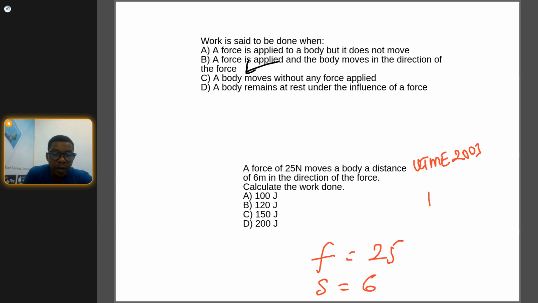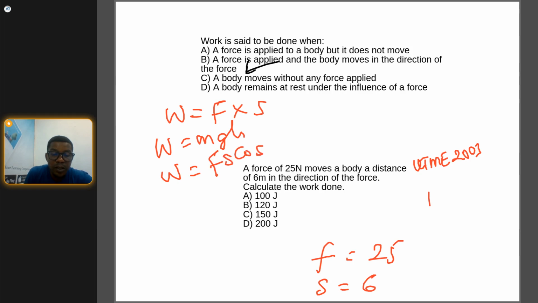Take note, the formula we have for work done is F times X. Work done is mgh. Work done is Fx cos theta. So look at the formulas I gave out here and pick the correct formula, then solve the question and let me have your response. I'm waiting for your response in the chat box.